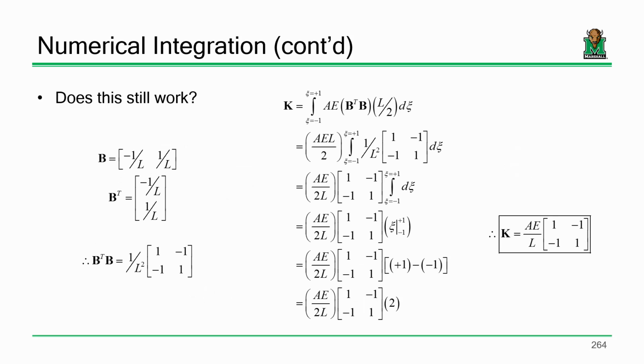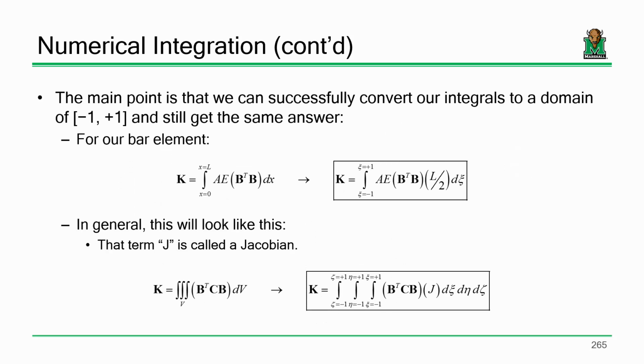Okay? One thing to point out before we start talking about the numerical integration itself is that when you do this change of variables, you tend to be left with this term hanging around because of your variable substitution. When we defined the stiffness matrix, we said it was the triple integral over the volume of B transpose CB.